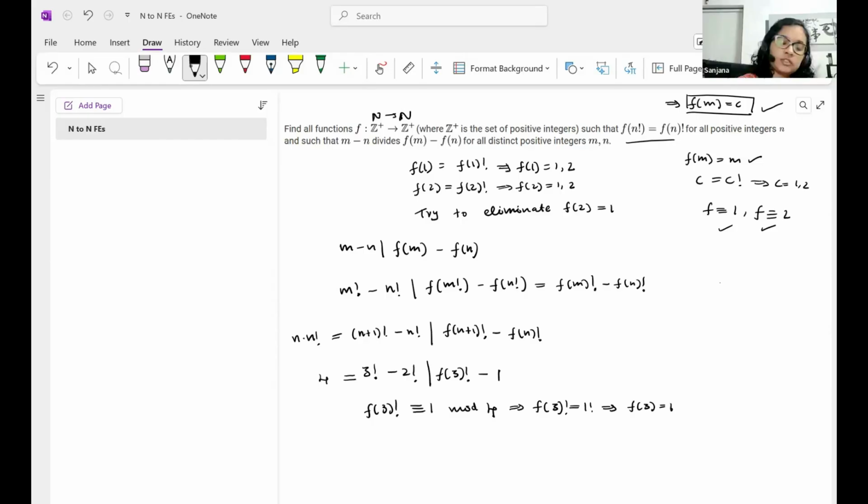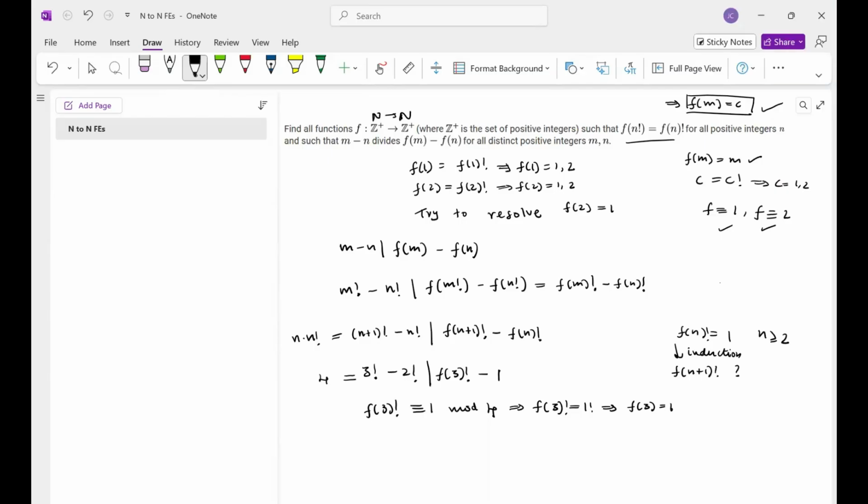In general, if you get f of n is equal to f of n factorial is equal to 1, can we use induction to prove this for f of n plus 1 factorial for n greater than or equal to 2, because this doesn't work if n is 1. It's the same process that we do right now.